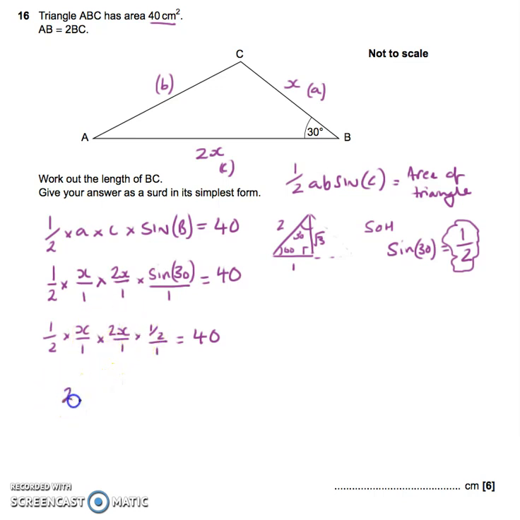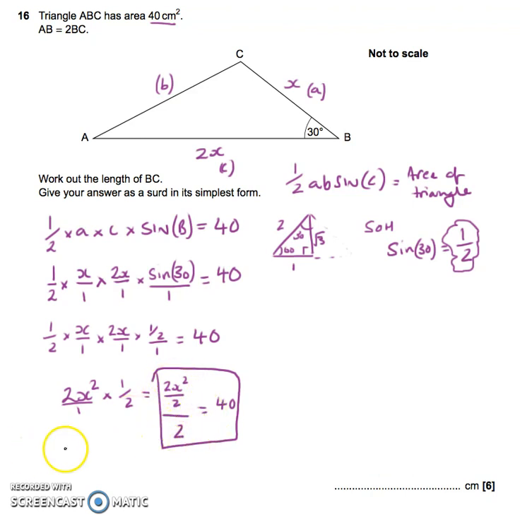That equals 2x squared over 2, and then 2 times 1 times 1 times 1 is 2. So you've got all of that over 2, and all of that equals 40. I'm getting a little bit messy here, so I'm just going to box that off there.